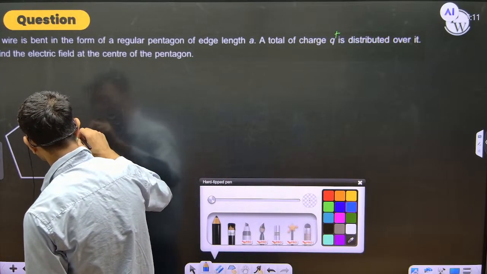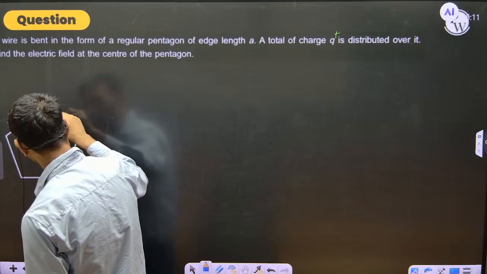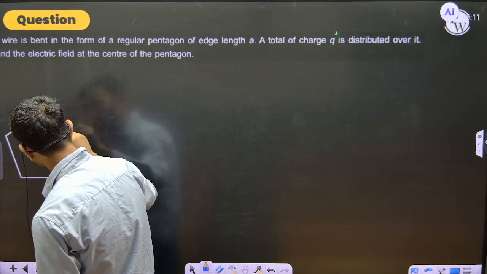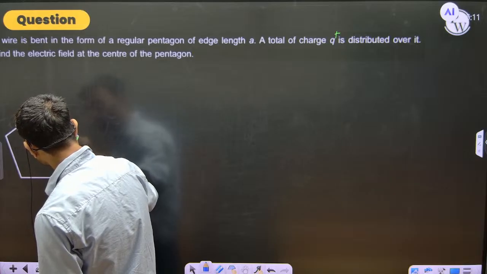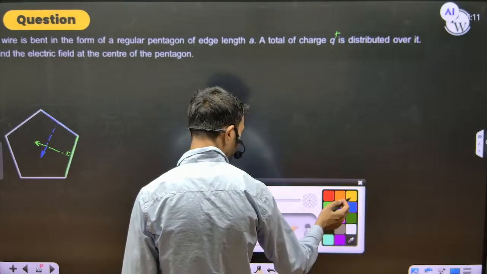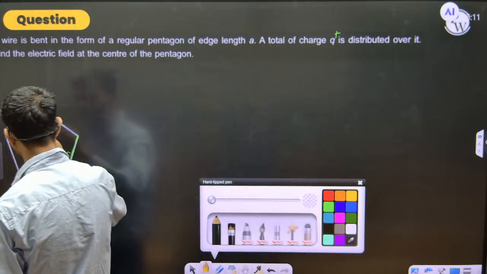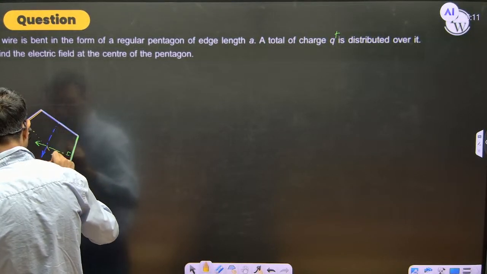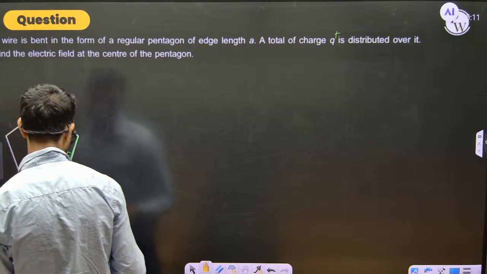Now, what about this point? At this point, electric field will be in this direction. At this point, in this direction.